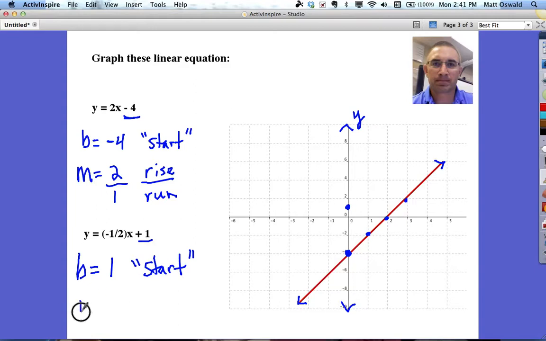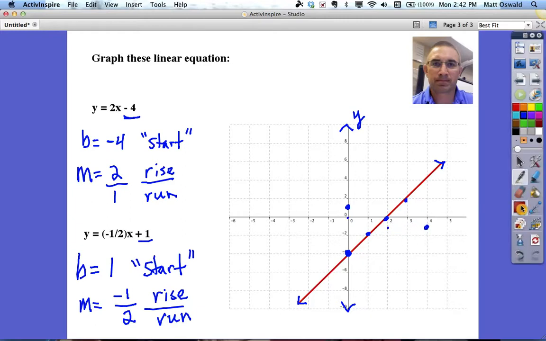Now I determine my slope, which in this case is a fraction and it's negative. Remember, that's rise over run. This line will be going down. So instead of going up 1, I'm going to go down 1 and over 2.